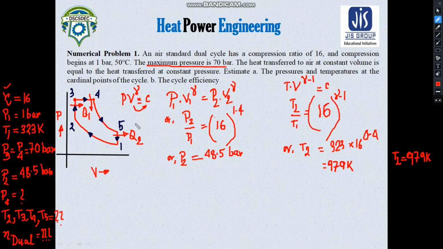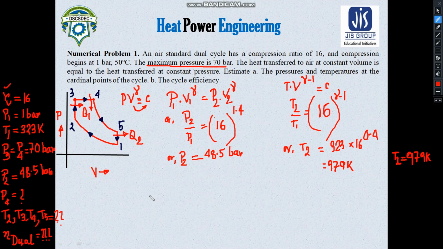Then what is our next objective? So let us try to analyze the process 2 to 3. What is this process? It is heat addition but at constant volume.